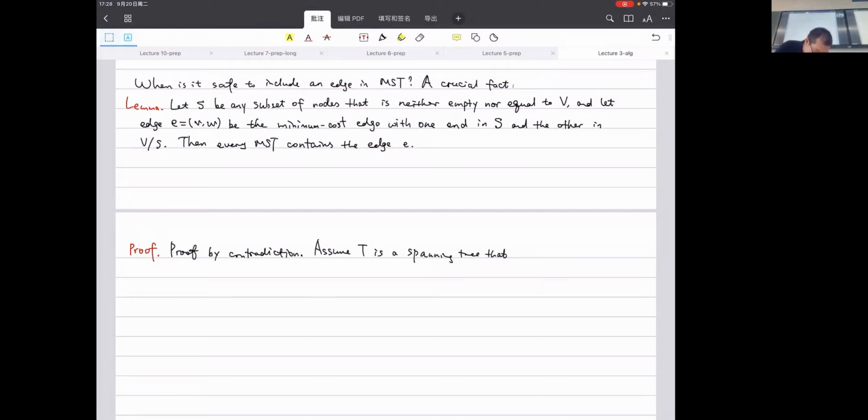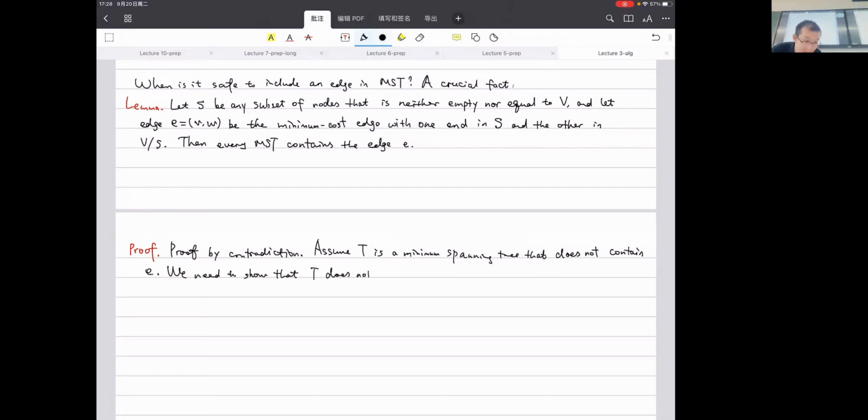Maybe let me do this: a minimum spanning tree that does not contain E. So basically, we need to find a contradiction, that is, we need to show that T does not have the minimum possible cost. And then we get a contradiction.